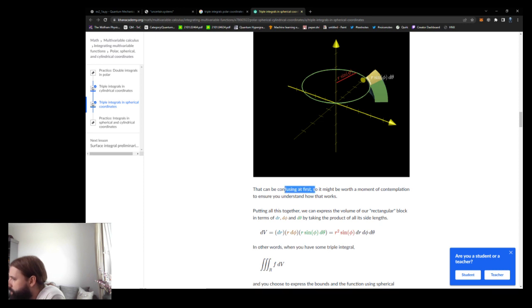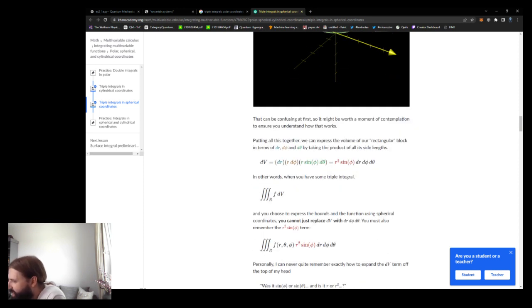Yeah, it's definitely confusing. Okay, you can choose to express the bounds in the function using spherical coordinates. You cannot just replace dV with these. You must also remember the r squared sine term.